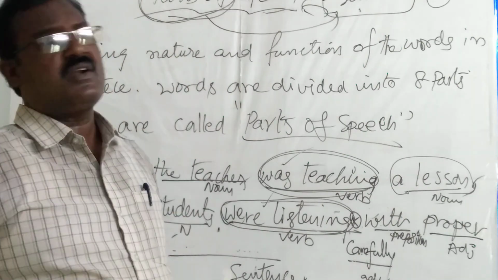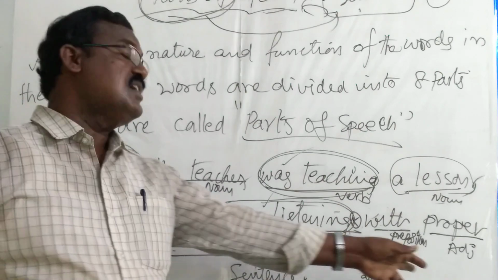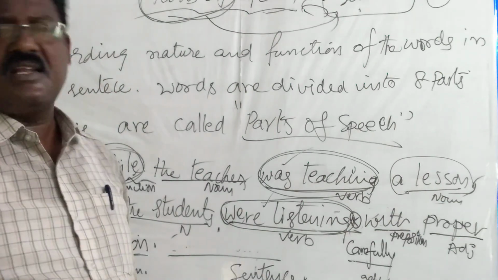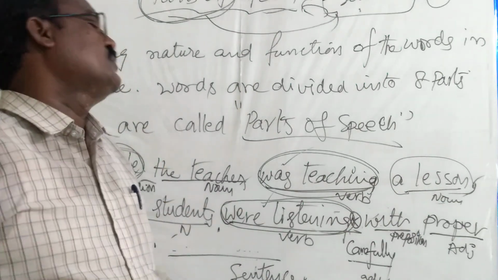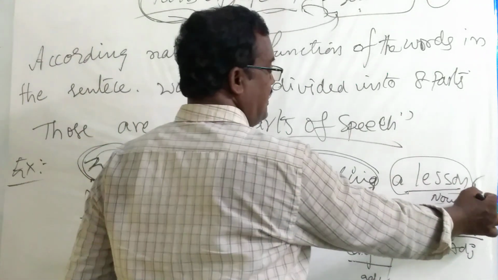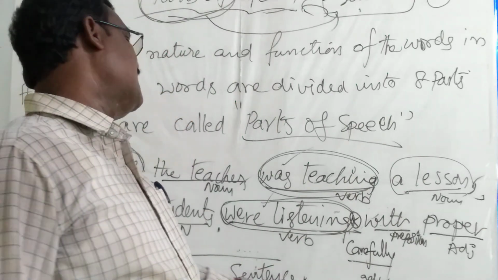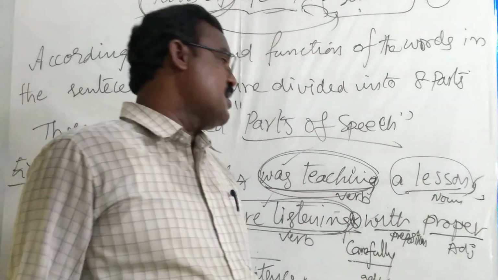In the beginning you can write: all the students were listening very carefully while the teacher was teaching a lesson. Like that also you can write. If you write starting with the conjunction, here a comma we have to keep. If you write it second, you need not keep a comma here.